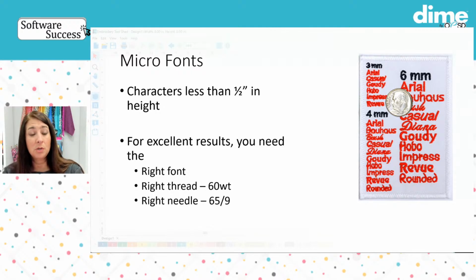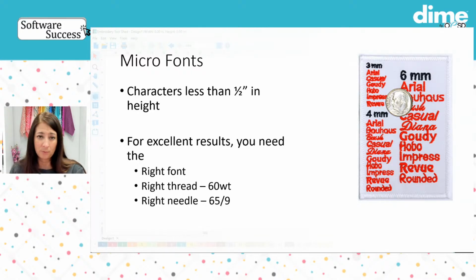But also, if you're using these micro fonts, you want to use a thread that is thinner, because our normal thread bulks up the design. You can't always read the text easily, like your O's and your A's will get closed in those center parts. And then if you are stitching fonts that are this small with a thinner weight thread, then you want to use a smaller blade needle, like a 65-9 needle that we use. So when you're doing quilt labels, that's my number one recommendation.